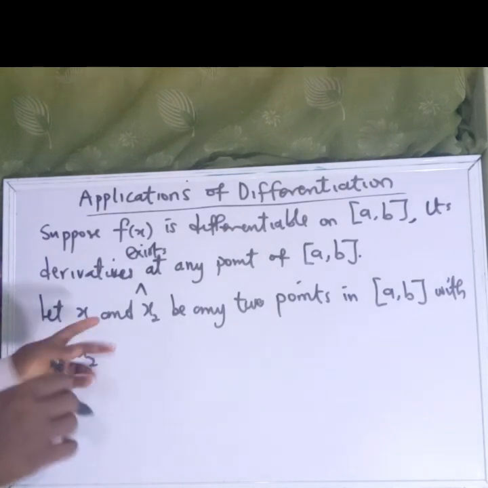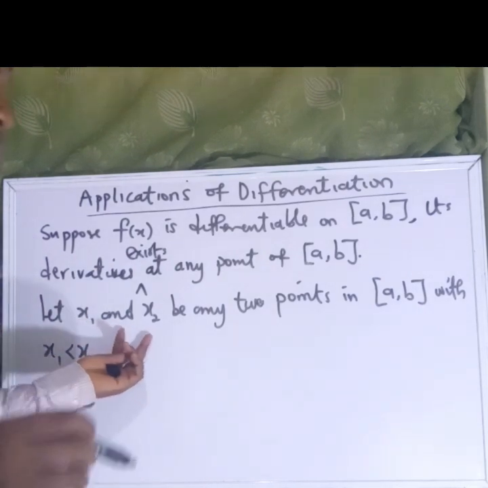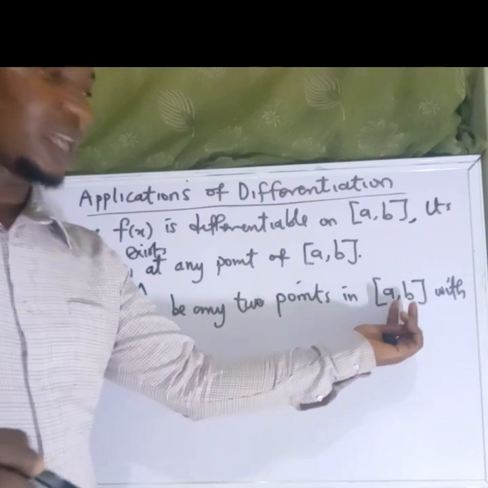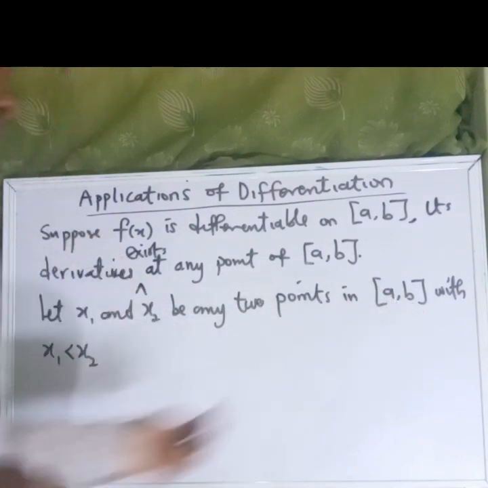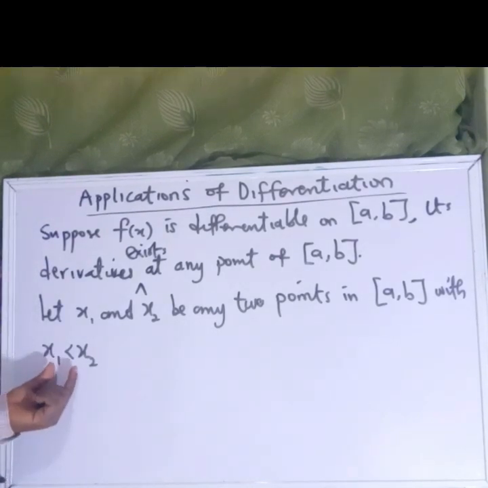We are considering 2 points which are intermediate in the interval AB, such that this x1 is strictly less than x2.